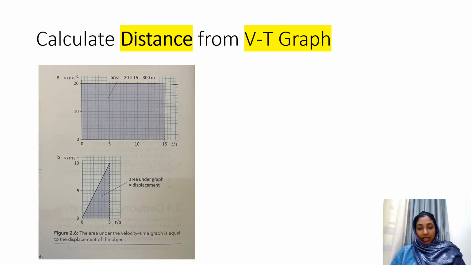The area under the graph is a triangle, that is half base into height. The base is 5, so half times 5 times 10.